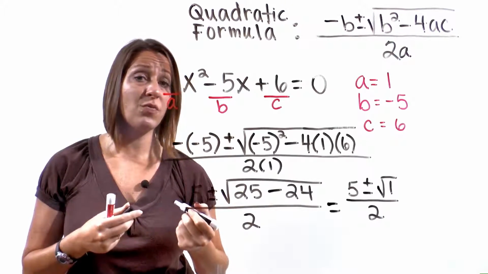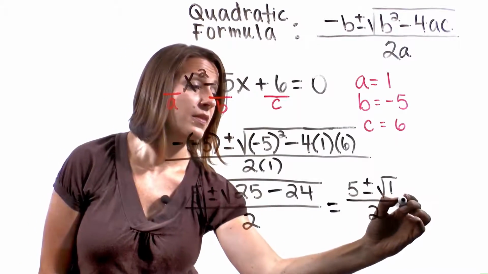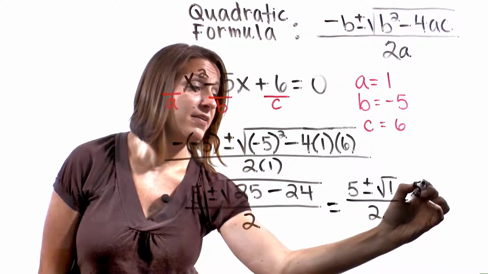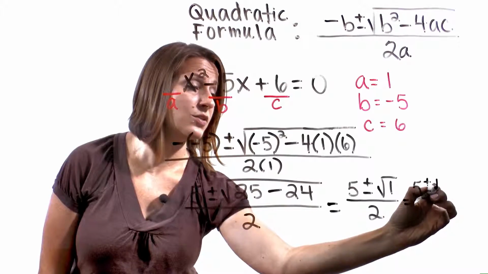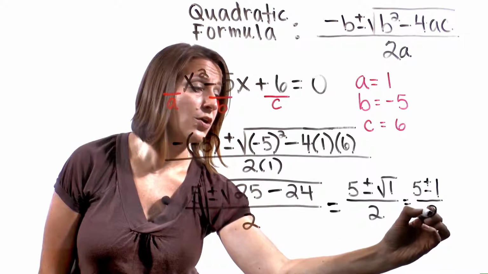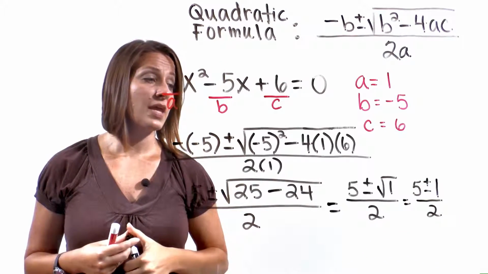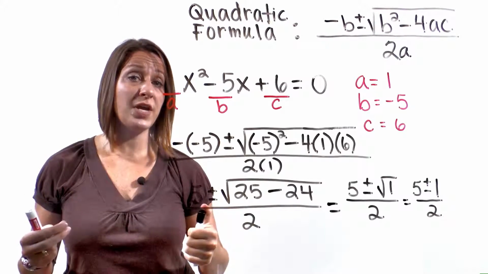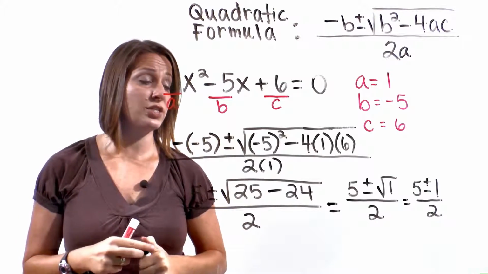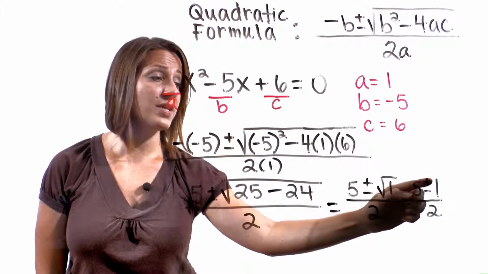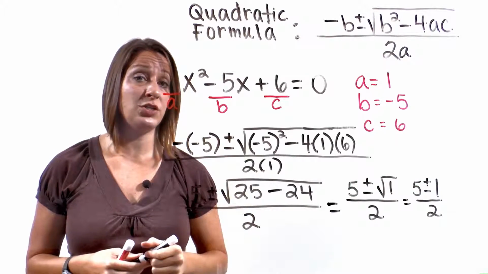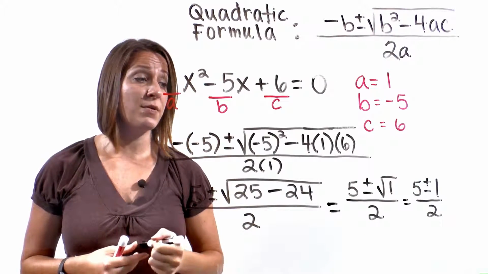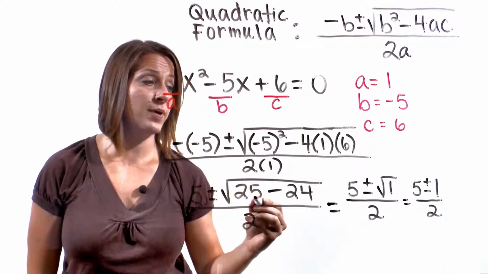The square root of 1 is 1, so we have 5 plus or minus 1 over 2. Now we need to pull out our 2 answers from this one fraction. We're going to have 5 plus 1 divided by 2, and we'll have 5 minus 1 divided by 2.